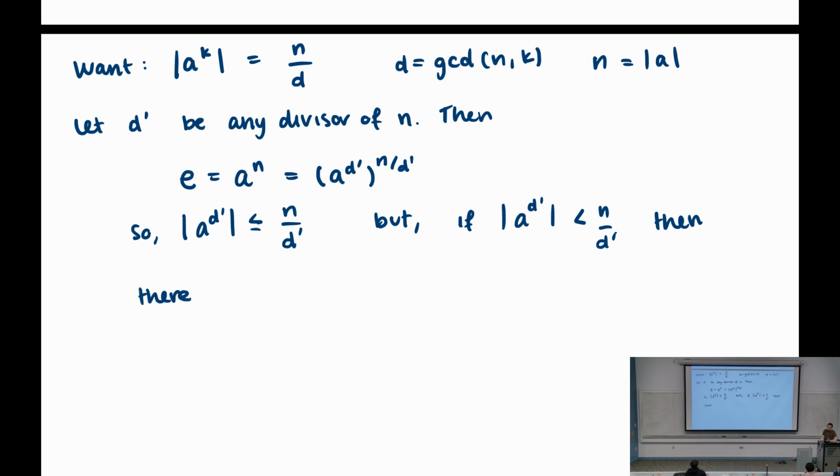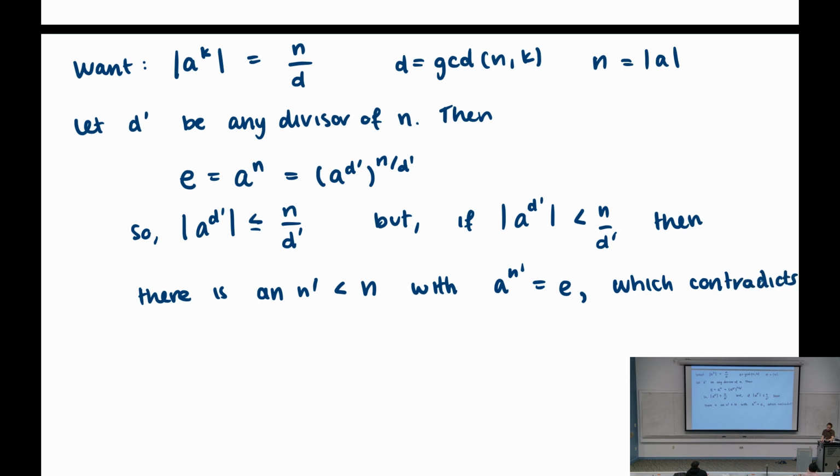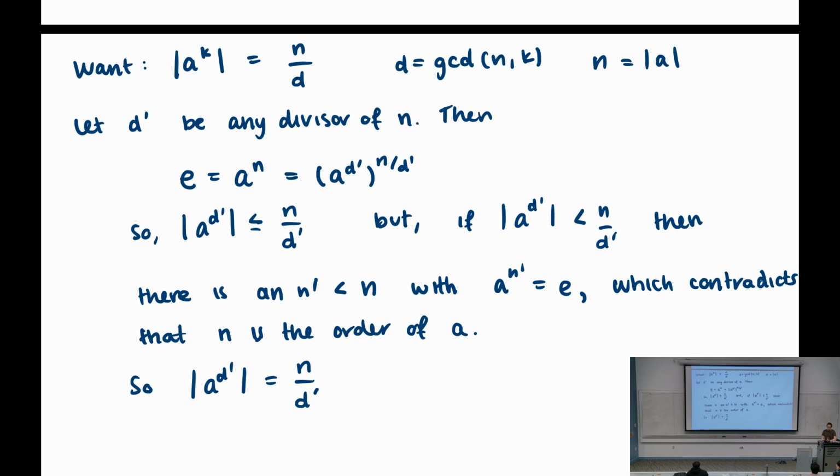Then there is an N prime less than N with A to the N prime equal to the identity, which contradicts that N is the order of A. Okay, so we can conclude that the order of A to the D prime is in fact equal to N over D prime for any divisor D prime of N.